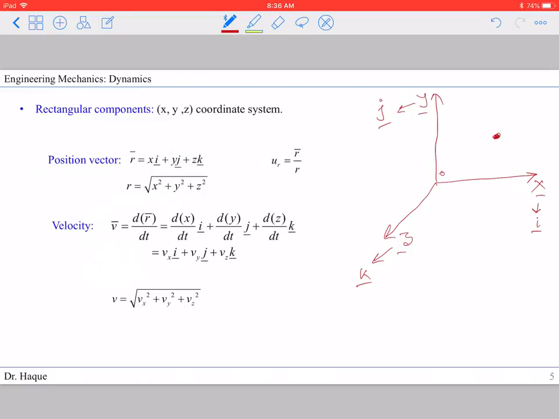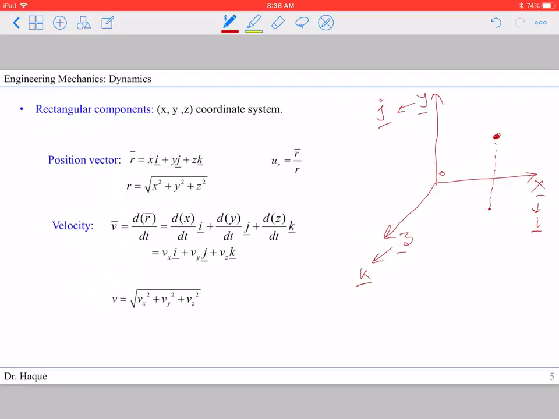If we would like to define the position of that particle, we can say that it has three components, x, y, and z.